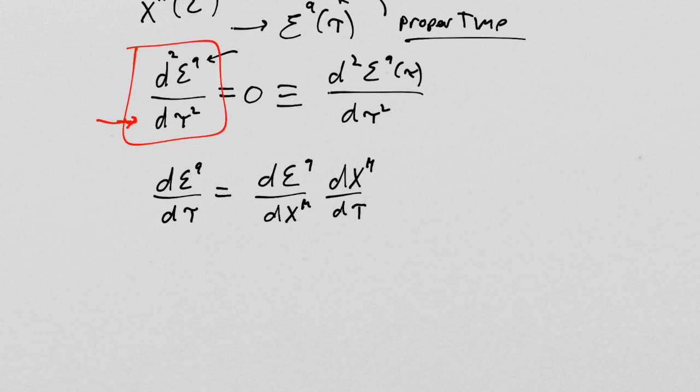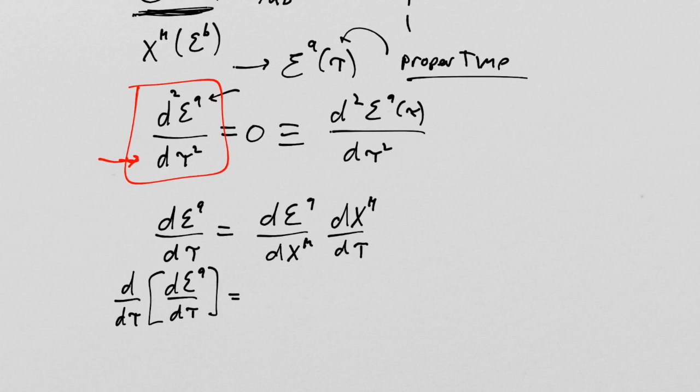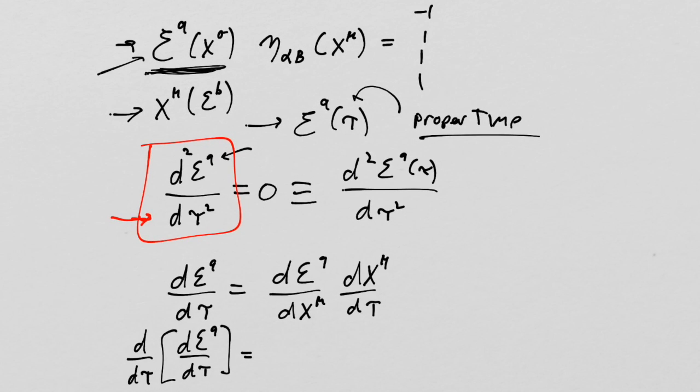Then we do it again. We take the second derivative, so d/dτ of dψ_a/dτ equals, and now again we're still exploiting this relationship here. That's exploited right here, right?